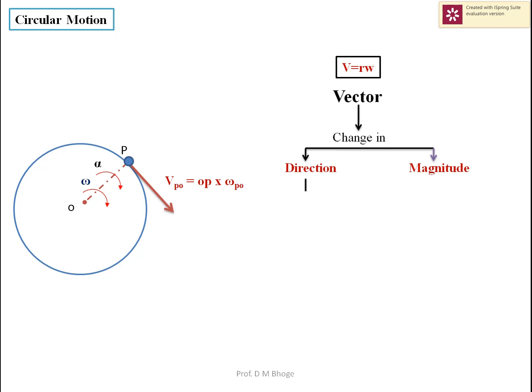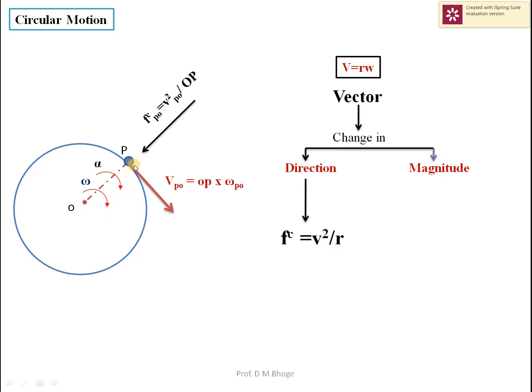When the direction of the vector changes, the acceleration which accounts for the change in direction is called the centripetal component of acceleration, which is equal to v square upon r, and its direction is along the radius of rotation towards the center of rotation. So you will remember that the centripetal or radial component of acceleration accounts for change in direction of the linear tangential velocity vector.